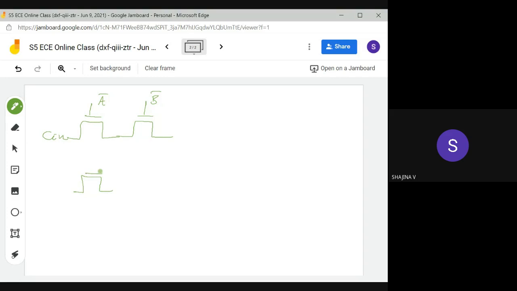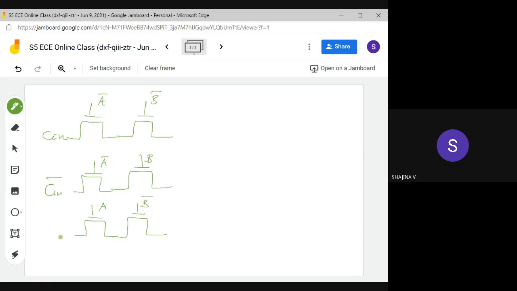when A equal to 0 and B equal to 1. Okay. So here sum equal to C in bar. And next condition, when A equal to 1 and B equal to 0. Okay.